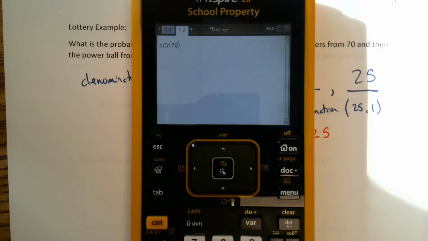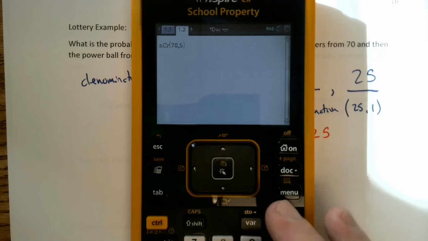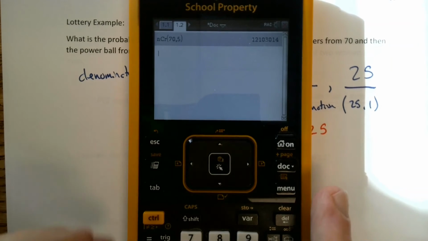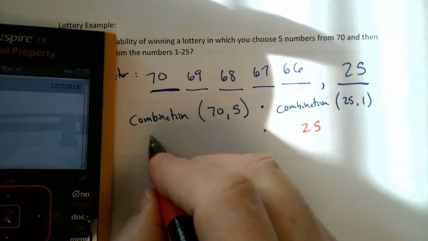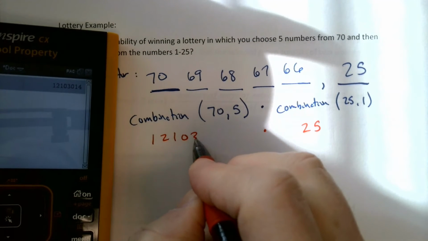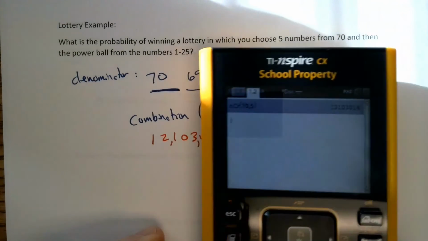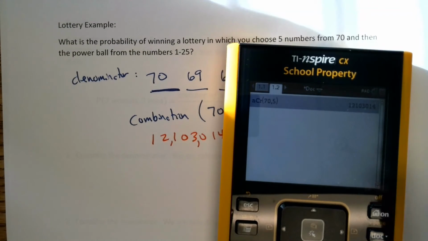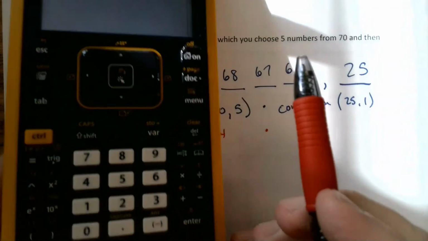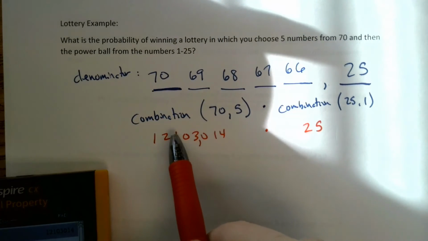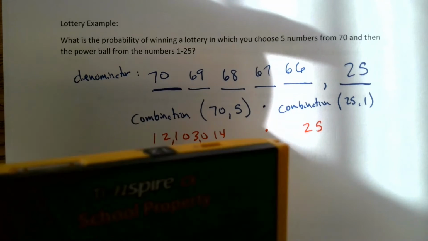Right here. Got it? And 5. 70, 5. And that is a bunch of numbers. 1, 2, 1, 0, 3, 0, 1, 4. So those people who watch this video or come to this class will know that this calculator has a nice little thing for combination and permutations. You no longer have to use the formula.